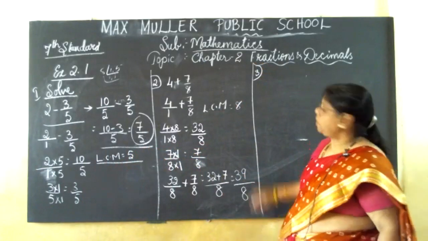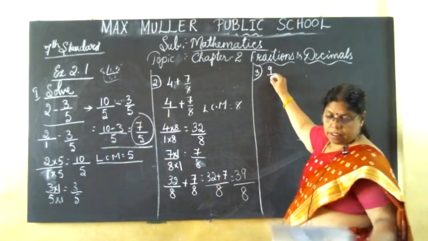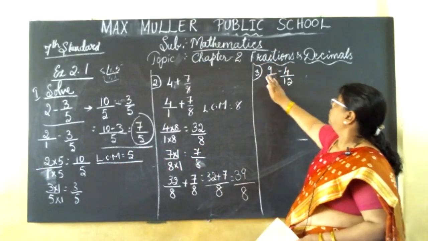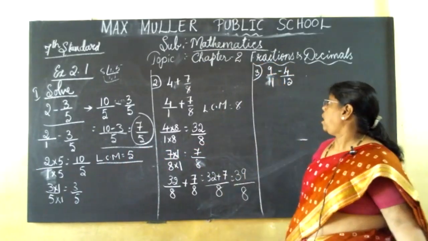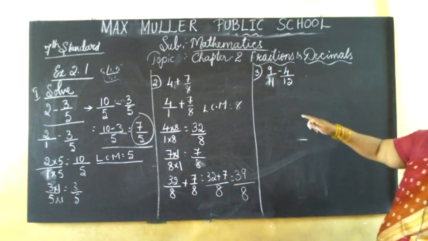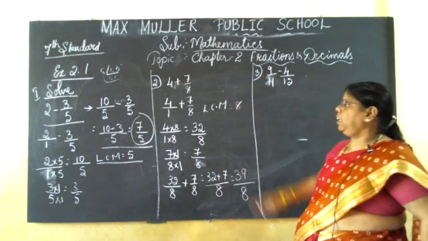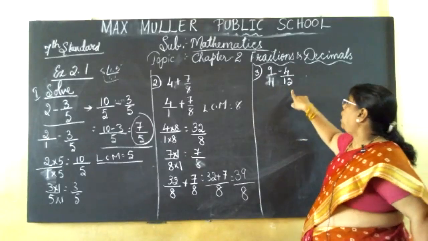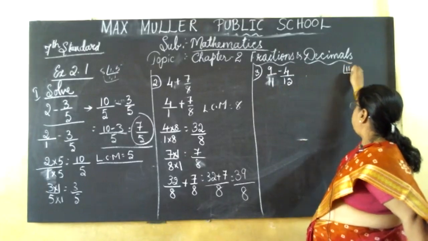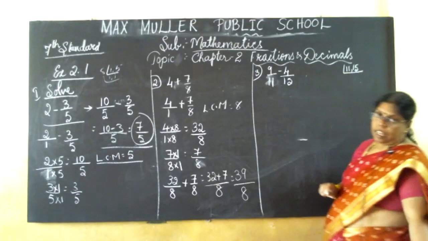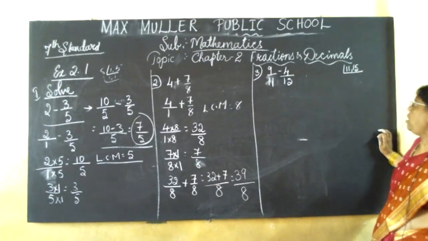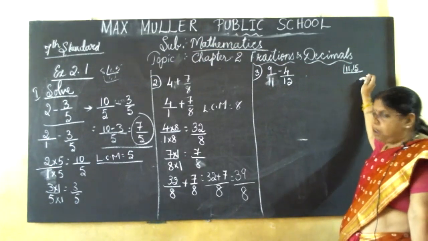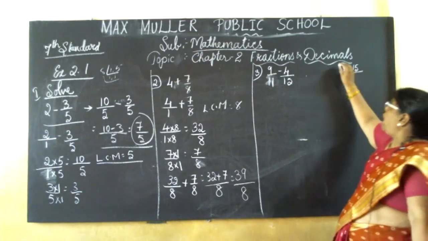Next is 9 by 11 minus 4 by 15. Here you had 4 as a whole number, we converted it. But here now, what we have to do? We have to take the LCM of 11 and 15. See, 11 is a prime number, children, isn't it? And 15 is a composite number. But both together, we will not have the same factor.